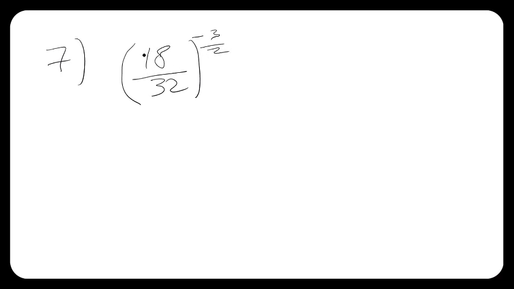So this is the same thing as the square root, because this is 2, the square root of 18 over 32, and then remember this is to the power minus 3.